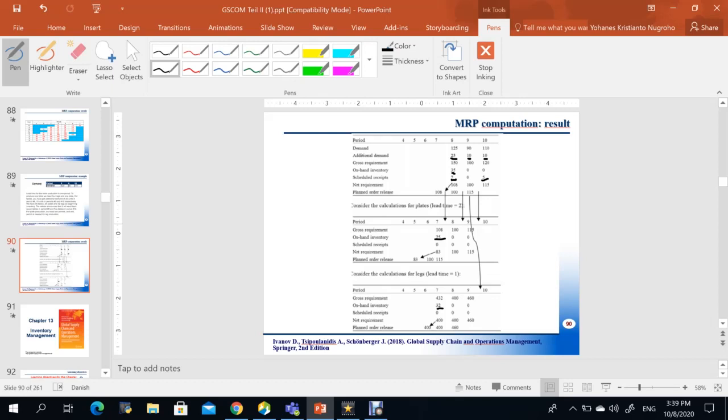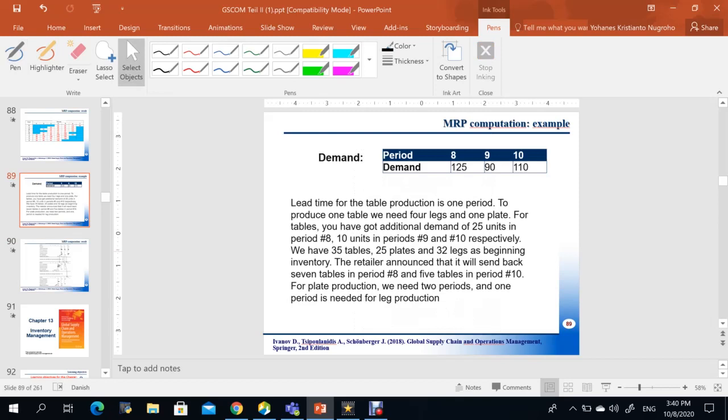The gross requirement for plates is 108. We know from our problem that the on-hand inventory for plates at week 7 is 25 plates as beginning inventory.